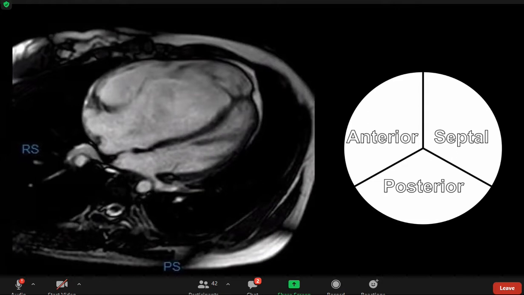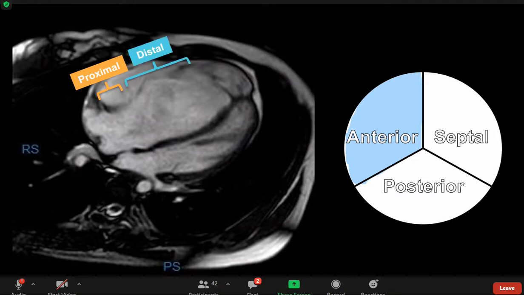To better look at the right atrium, let's look at the valve leaflets in this patient. Here in the anterior valve leaflet, the proximal portion is normal in location, which determines the tricuspid annulus. Here we have the distal portion, which is elongated and apically displaced.